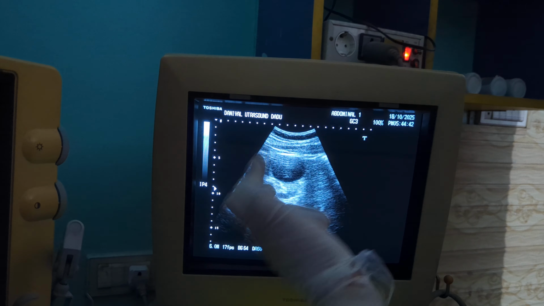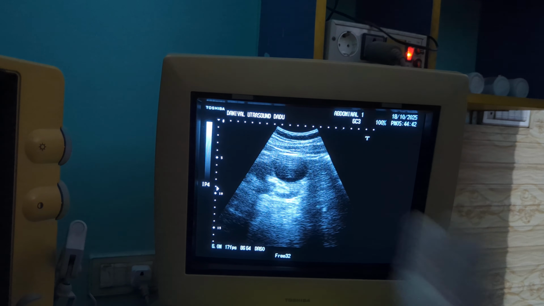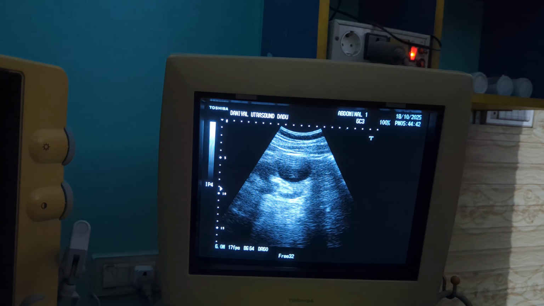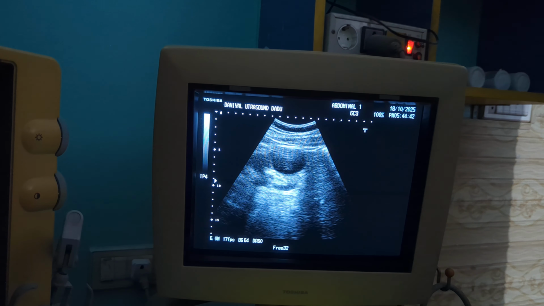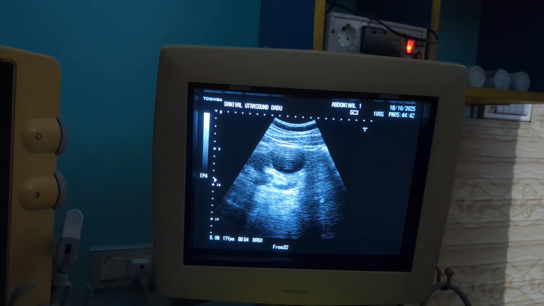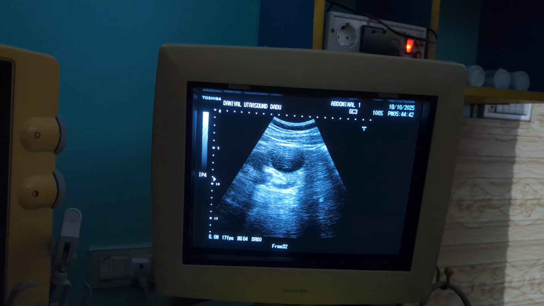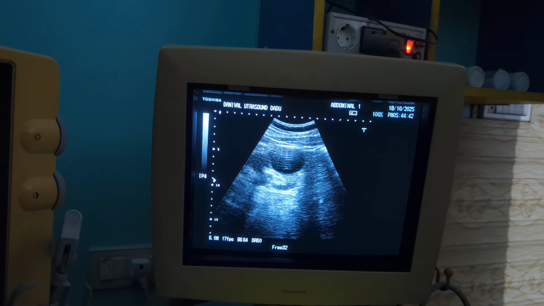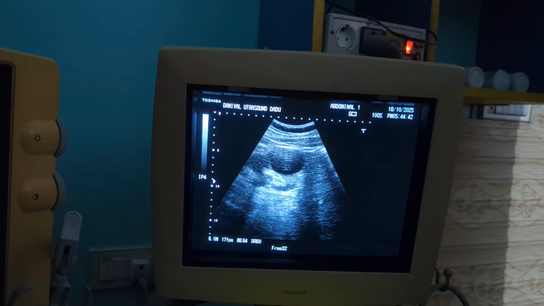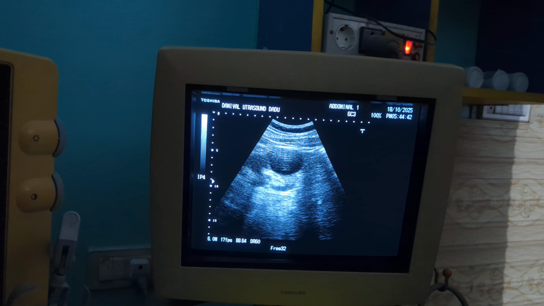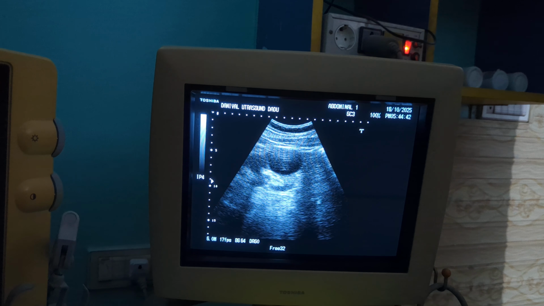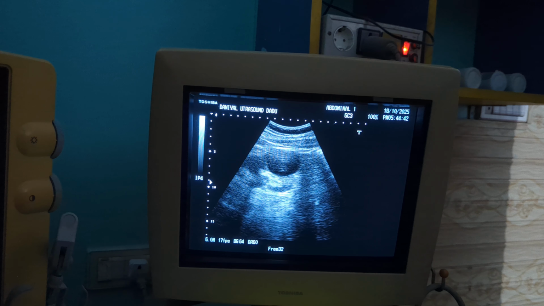They are sometimes round, sometimes oval, anechoic lesions with smooth and thin walls, and they do not contain any echoes if they are simple. And in hydronephrosis, it may show internal echoes if it is infected hydronephrosis. So then we call it pyonephrosis when there is debris. And calyceal walls or septations may be visible, but here it is a simple hydronephrosis.